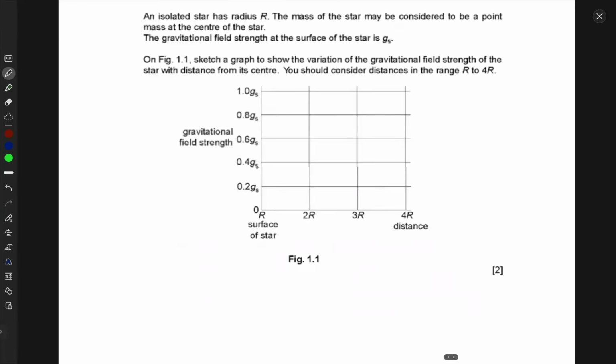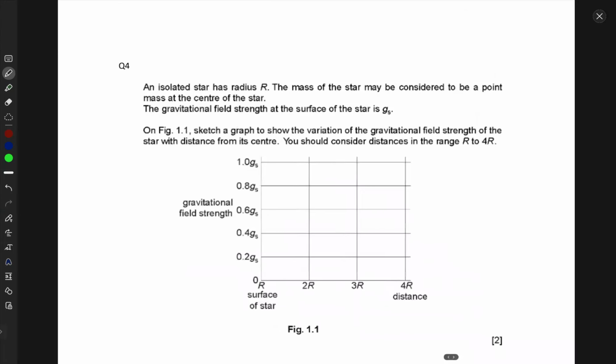And then we'll move on to the next question, which is question number 4. An isolated star has radius r. The mass of the star may be considered to be a point mass at the center of the star. So we have a star which is isolated, meaning that there is no other forces acting on the star, and the radius of this is r, and the mass is considered to be a point mass.